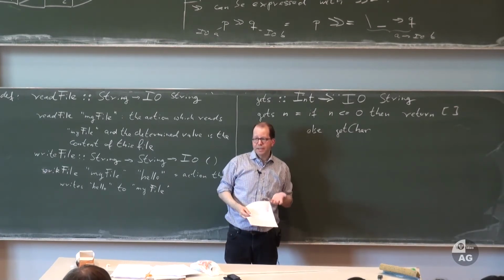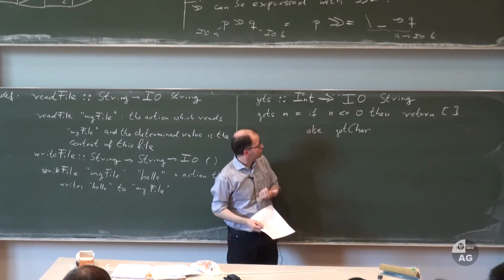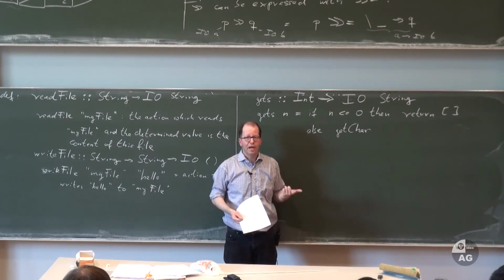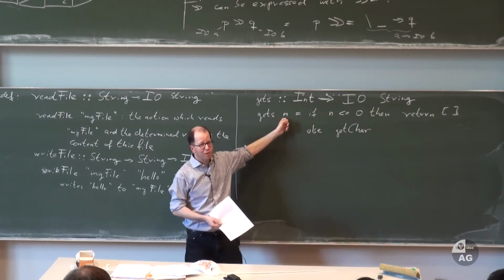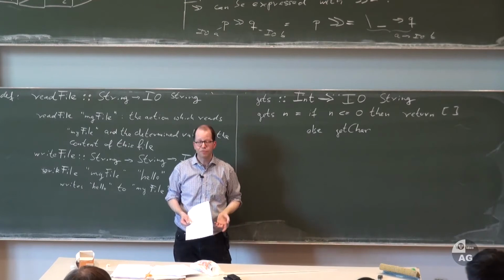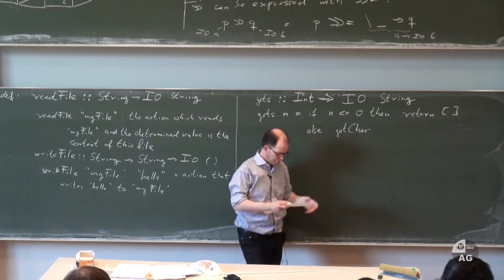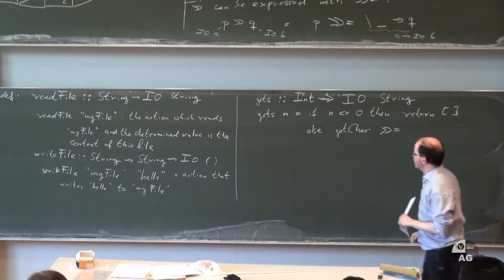Now, I should not forget this character because this will be the first character of the string that I want to encapsulate in the end. But I have to read more. So I will need recursion. I mean, I will have to call gets with n-1 because now I have read one character. So there are n-1 characters that I still have to read. So let's keep this character that I read here in mind. And, well, we have to use bind to not forget it.